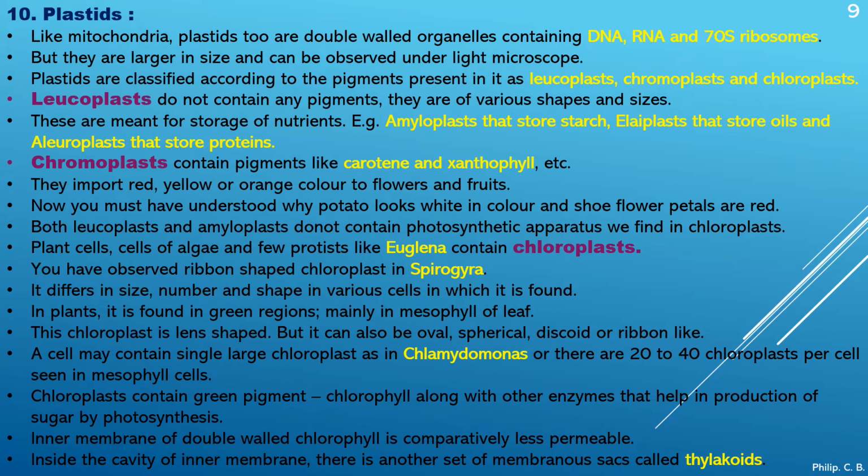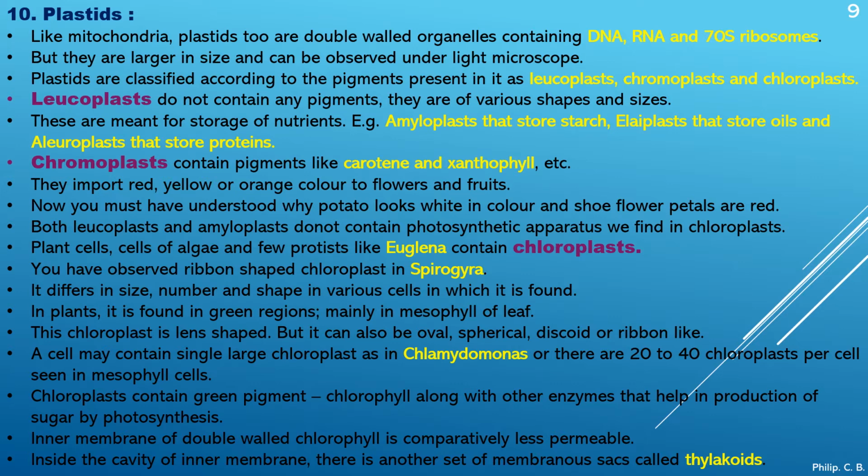The second type, chromoplast, contains pigments like carotene and xanthophyll. Carotene and xanthophyll we come across commonly: the fruits and vegetables which are orange and yellow in color are so mainly because of the chromoplast, or you can say carotene and xanthophyll. So they impart red color along with yellow or orange color to flowers and fruits, just as I mentioned.